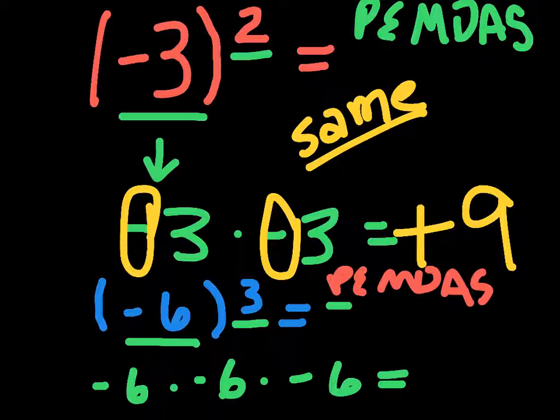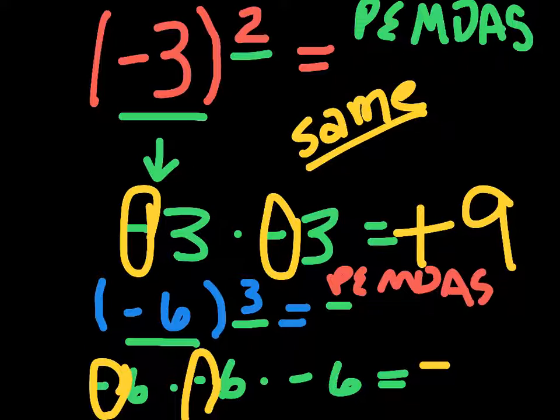Because these are all the same, see, these ones are the same, but look here. -6 times -6 is +36, and +36 times -6 would be different signs, so that means that the sign is going to be negative, okay?